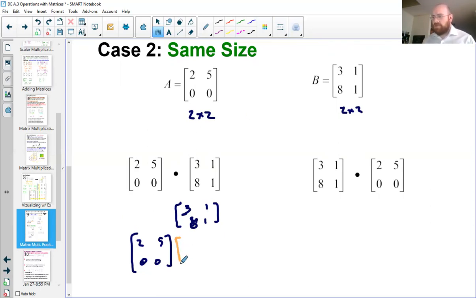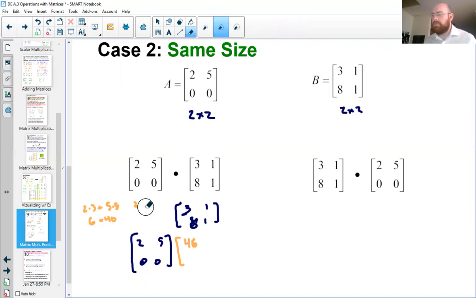Our new matrix is going to be 2 times 3 plus 5 times 8. So that's 6 plus 40, 46. And then 2 times 3 plus 5 times, hold on, I'm making a mistake.